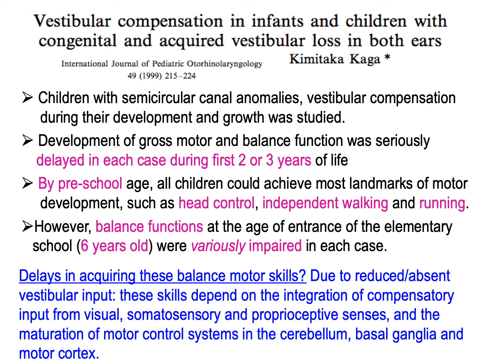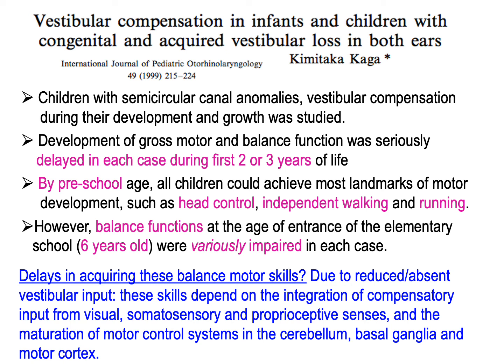And the rationale as to why these researchers believe these delays in motor skills are occurring is due to a reduced or absent vestibular input. Remembering that any of those skills like head control, independent walking, and running requires the integration of input from the visual, somatosensory, and proprioceptive senses. At the same time, you've also got the maturation of the motor control systems within the cerebellum, the basal ganglia, and the motor cortex.